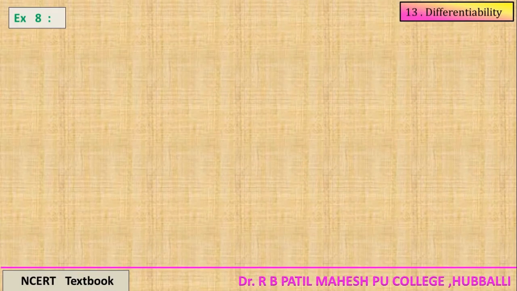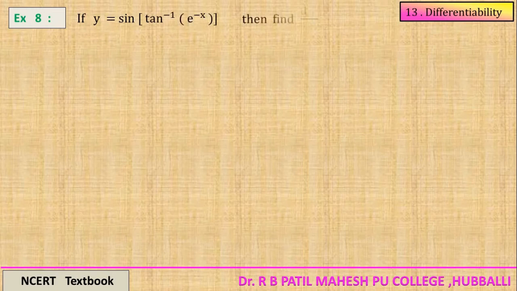Next example, if y is equal to sine of tan inverse of e raised to minus x, then find dy by dx. So here we have four composite functions, students. One is sine, trigonometry. After that, inverse, that is tan inverse, because it is not the x variable, it is again a function.